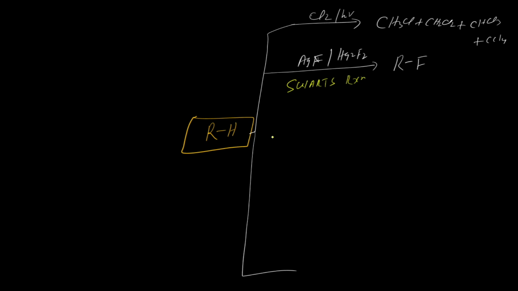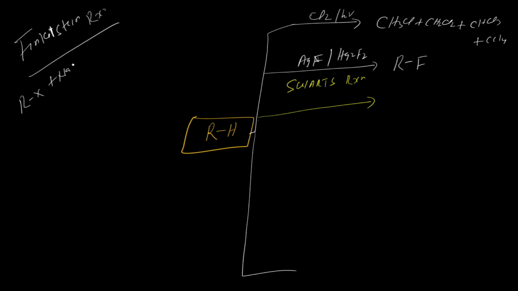There is one more, the iodination of alkyl halide, that's known as Finkelstein reaction. What is the Finkelstein reaction? When any alkyl halide reacts with sodium iodide, it will convert into alkyl iodide plus NaX.